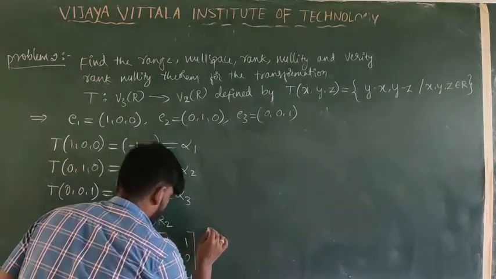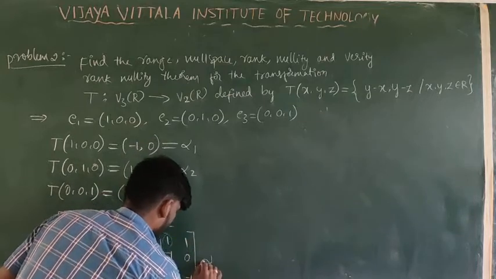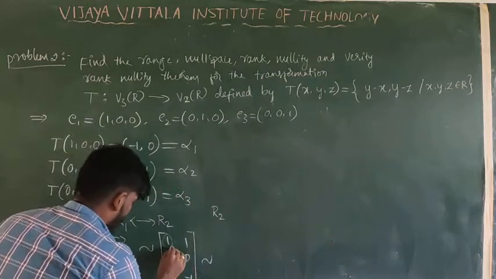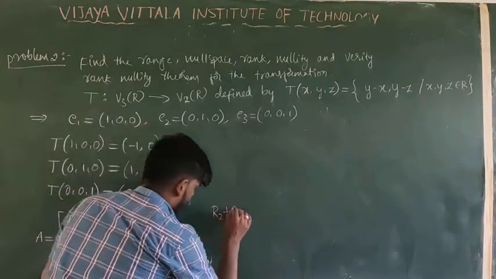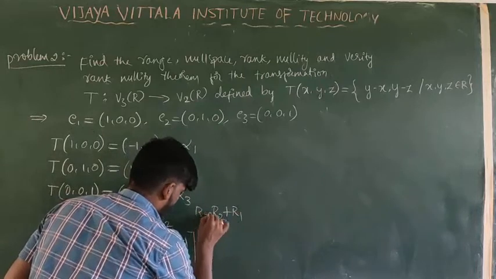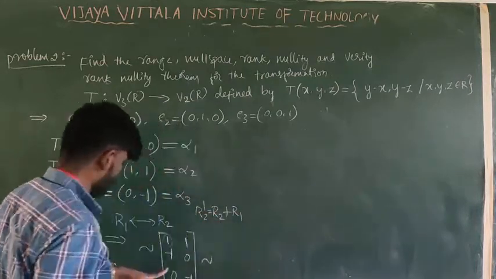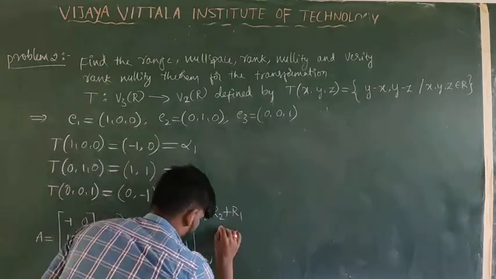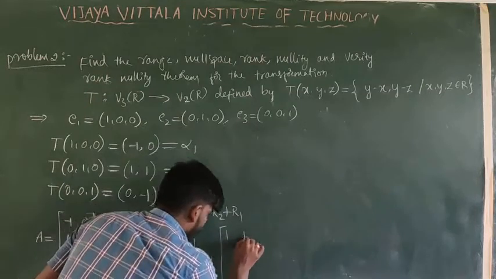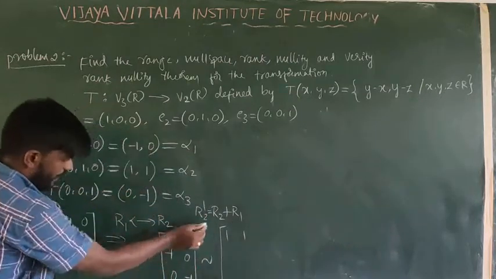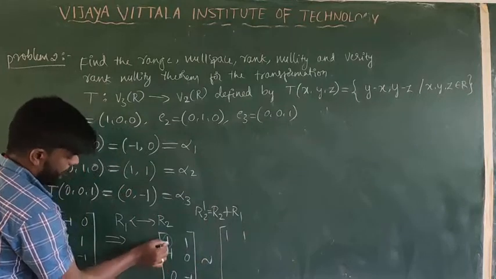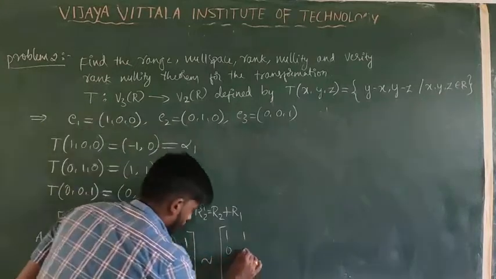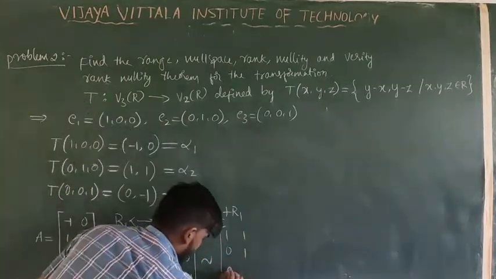To that we have the operation R2 dash equals R2 plus R1. In R3 this is 0, therefore nothing to do. R2 is minus 1 plus 1 gives 0 here, and 0 plus 1 gives 1, and 0 minus 1.